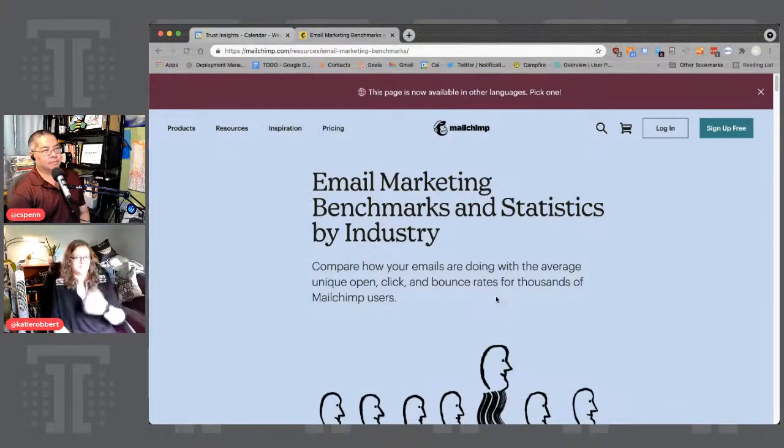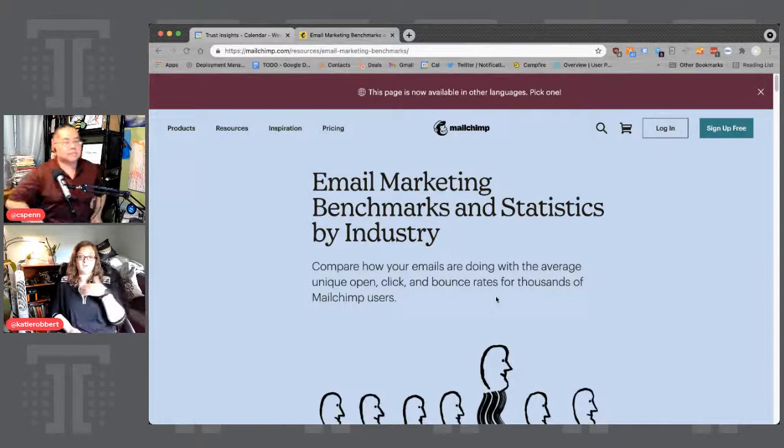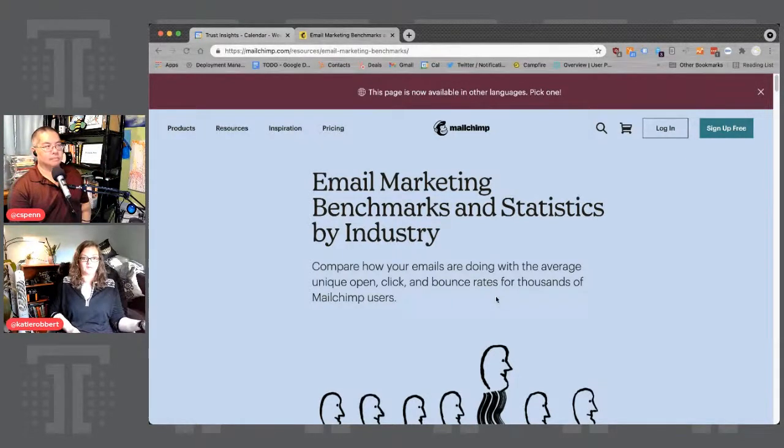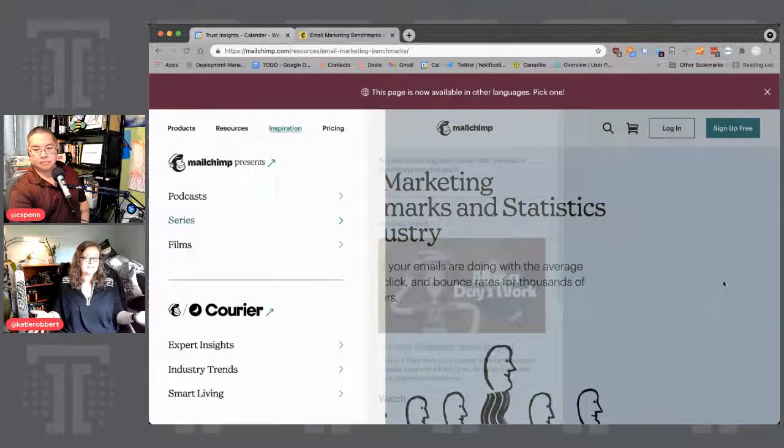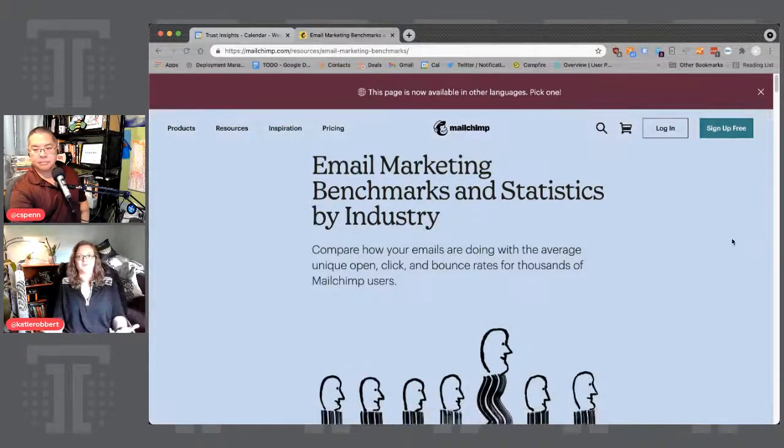So my gut reaction is, oh, MailChimp is publishing data on email marketing. That is what they do. Therefore, my assumption is that they have some sort of an agenda to say, if you use MailChimp as a product, this is what you're going to get. So again, that's an assumption. I don't know that that's true, because what's missing is any kind of disclosure or methodology.